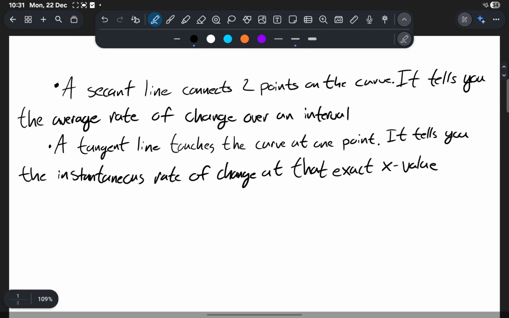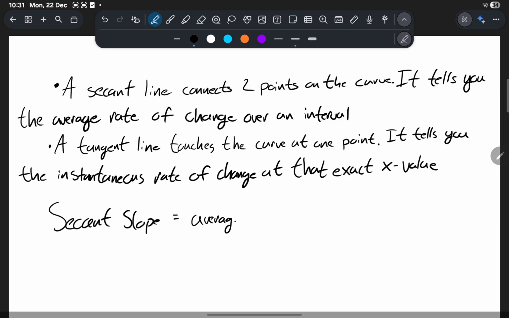So in summary, a secant slope is equal to the average change, and a tangent slope is equal to the instantaneous change.